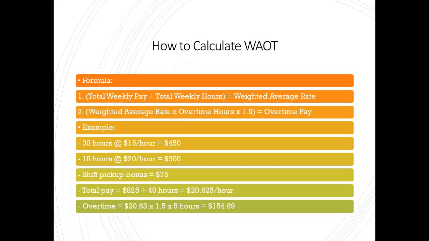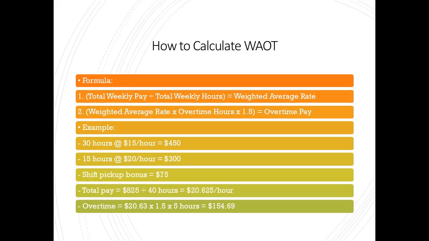Now, 30 of the hours are at a $15 per hour rate. So that brings us to $450. They pick up another shift at $20 per hour for 15 hours. So that's $300. And then they get a shift pickup bonus of $75.